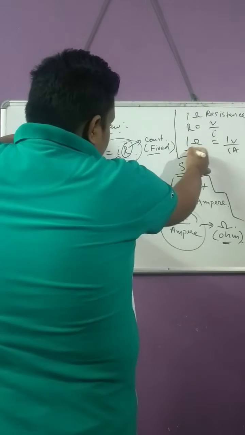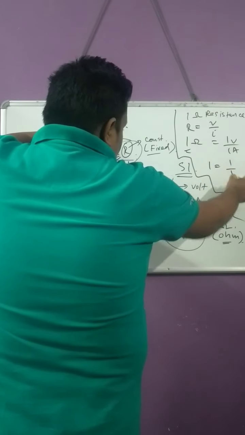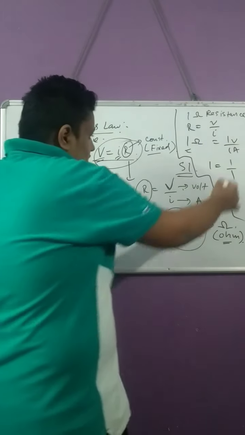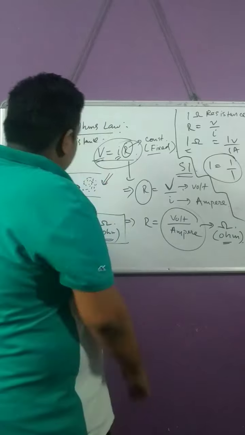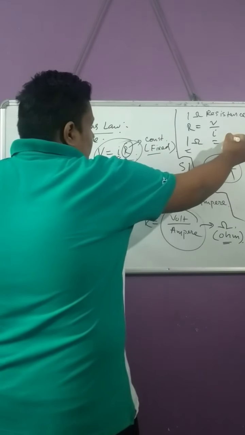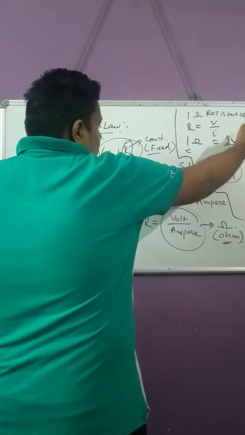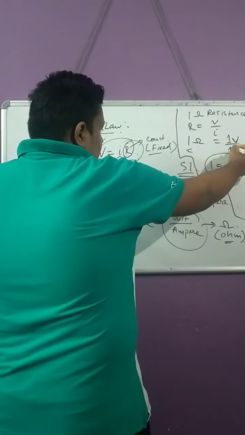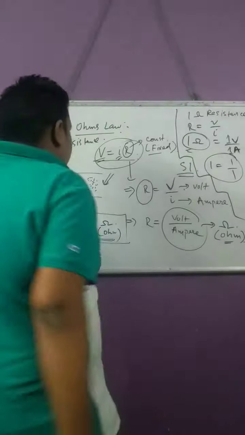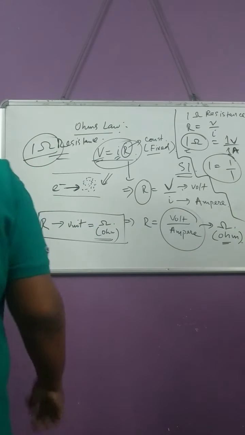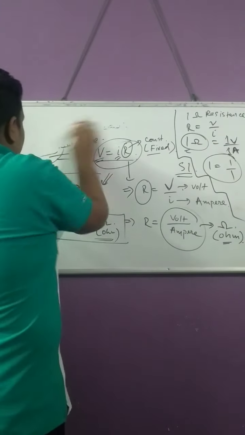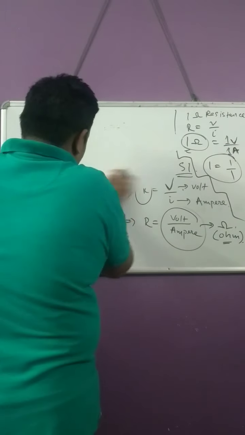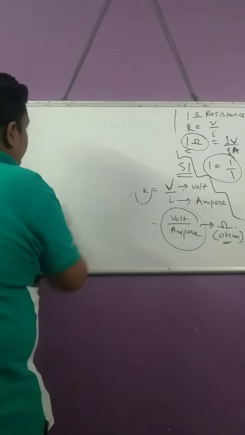Then only it will be 1, because 1 by 1 is 1. So from here we can say that when the potential difference is 1 volt and we take 1 ampere current, it forms 1 ohm. So what will be the proper definition? Let me write here the proper definition of 1 ohm.